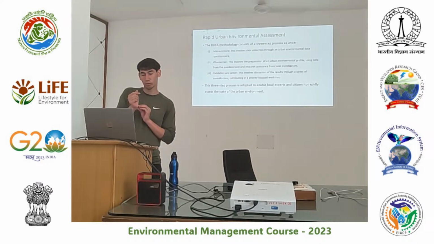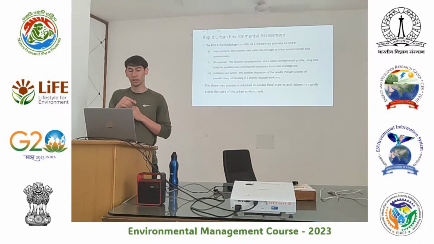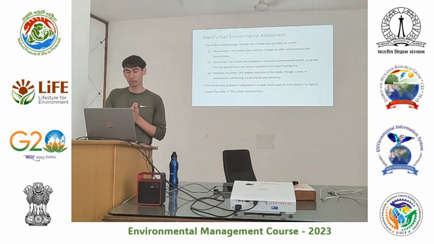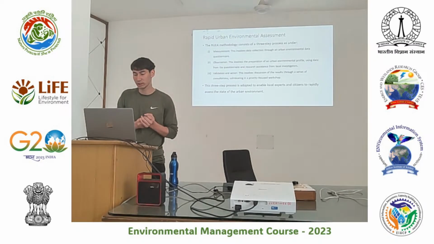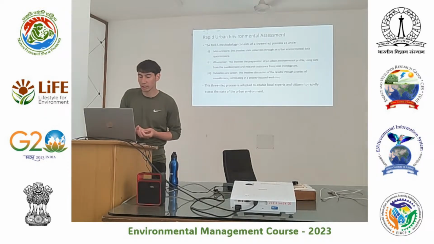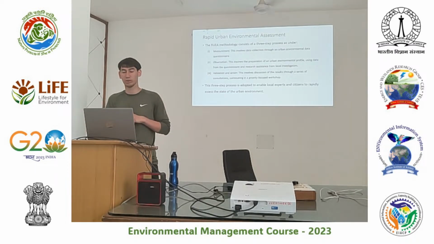Thirdly, validation and action. This involves discussing the results through a series of consultations culminating in a priority workshop. This 3-step process is adopted to enable local experts and citizens to rapidly assess the state of the environment.